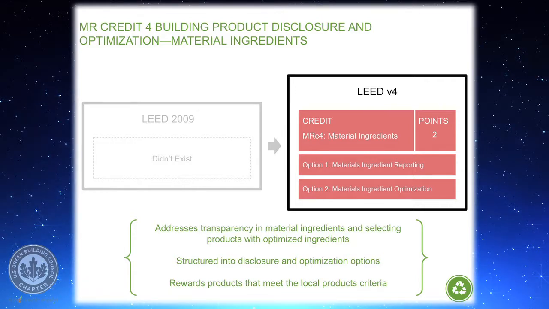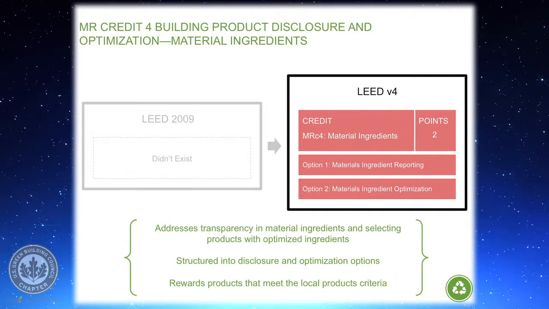So the final credit in this series is called Material Ingredients in this Building Product Disclosure and Optimization series. So here, again, we're still in that human and ecological health box. This time, disclosure is relevant to the chemical ingredients in our products and materials. And we want to encourage manufacturers to report on that.